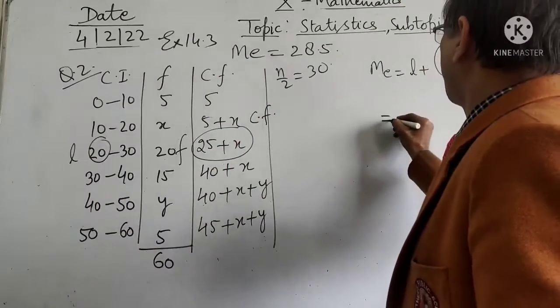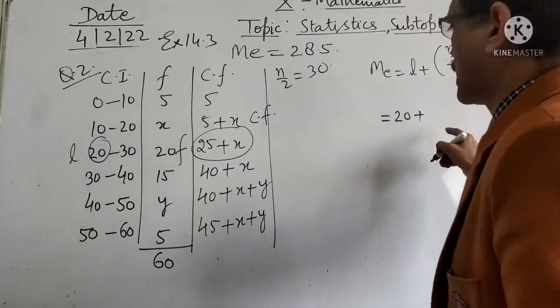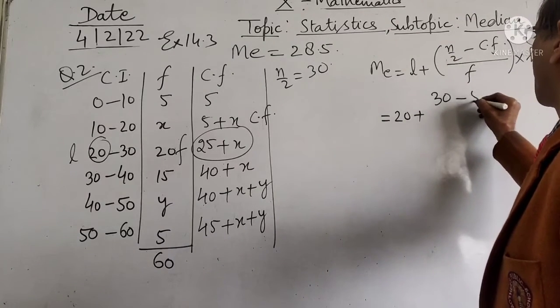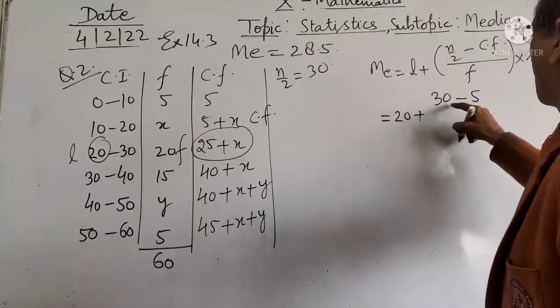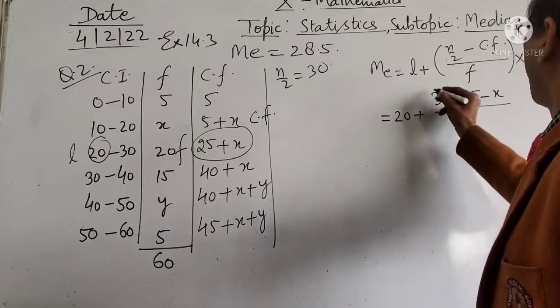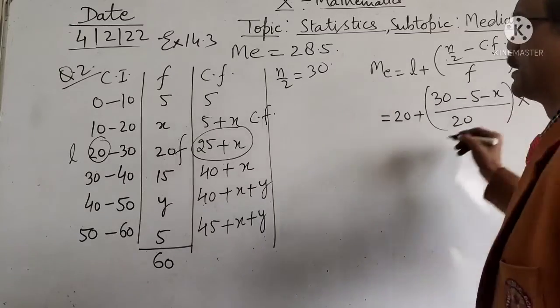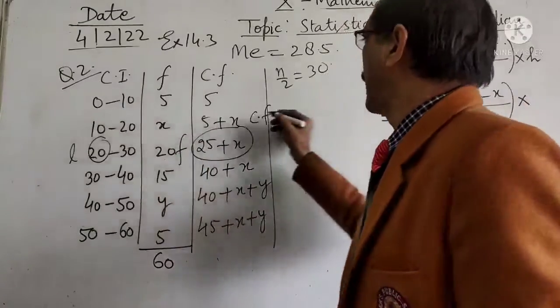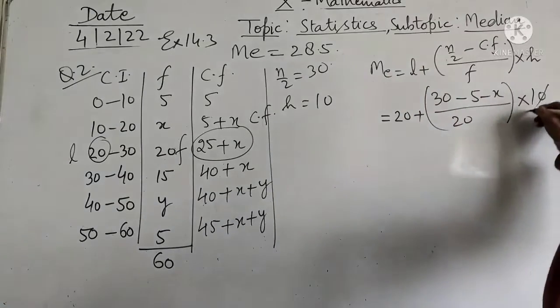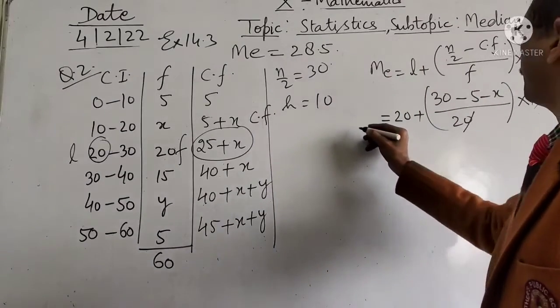Now putting the values: it is 20 plus (N by 2, which is 30, minus CF, which is 5 plus x), that is 25 minus x, upon F, which is 20, and the size of class interval H, which is 10. The zeros cancel out.